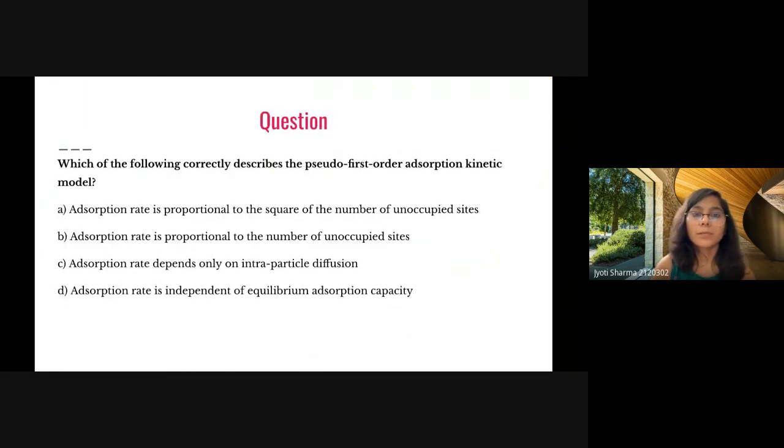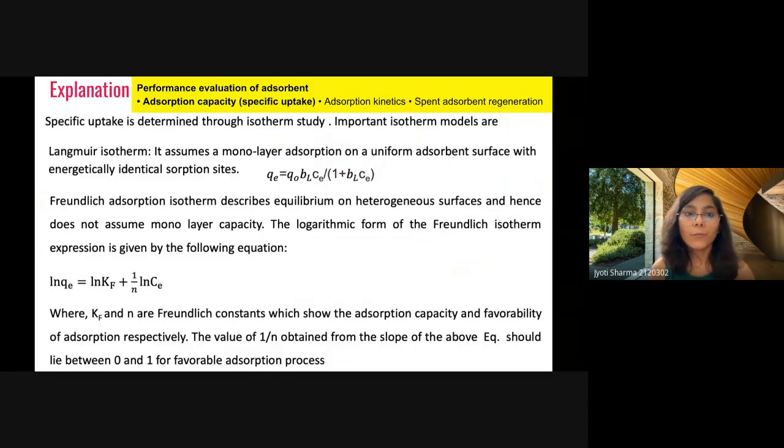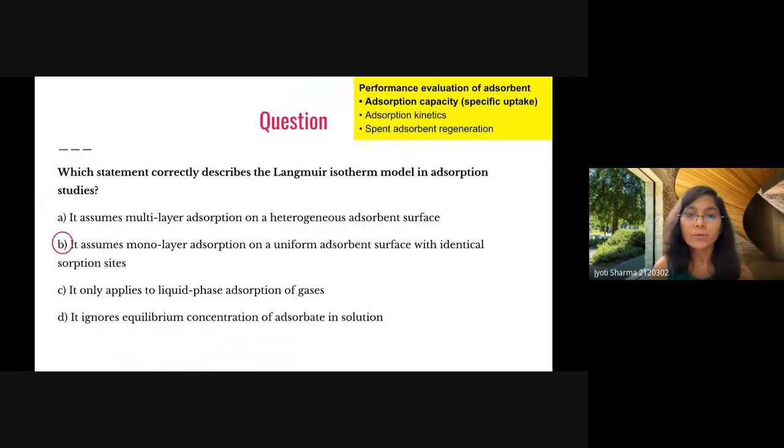Okay. So the next question is, which of the following correctly describes the pseudo first order adsorption kinetic model? So we can also calculate the adsorption kinetics to assess the performance of your adsorbent, and based on that we have this question.